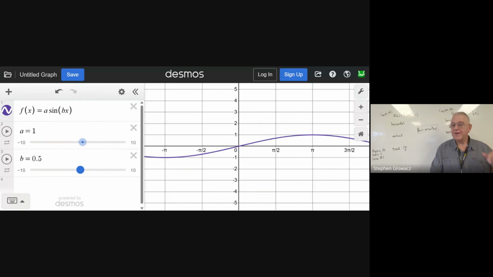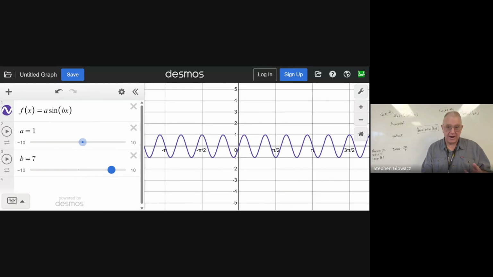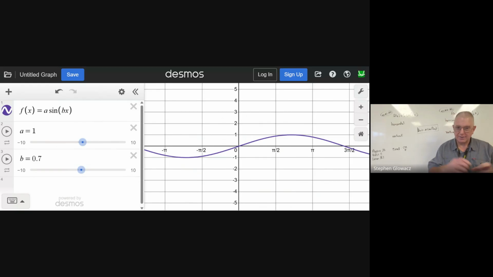So here's the thing about a horizontal stretch and a horizontal compression. We have to take the reciprocal of whatever b is, and then that's going to tell us whether it's a horizontal stretch or compression, because as b got larger, it compressed. It didn't stretch. And as b got smaller, or between 0 and 1, I should say, the graph was stretched out horizontally, sideways.